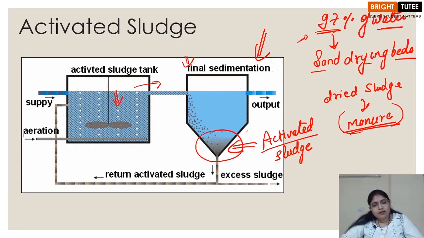Sometimes it is necessary to disinfect the water, because we've already studied that in wastewater there are sometimes disease causing bacteria, disease causing viruses. So we disinfect it through chlorination, that means we add chlorine to it. We disinfect it using UV rays or ozone, right? So this is how the disinfection takes place.